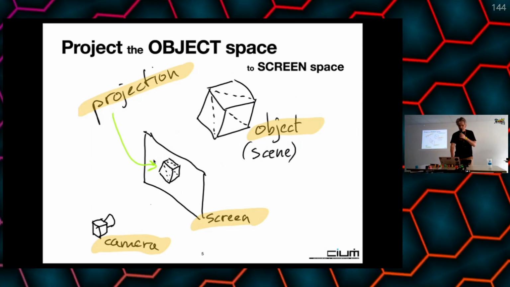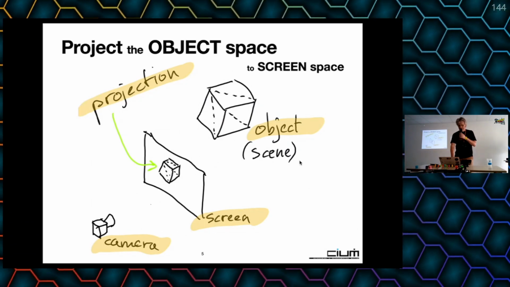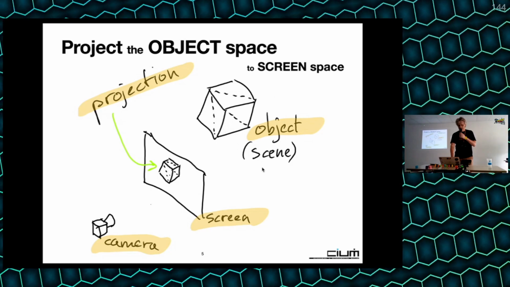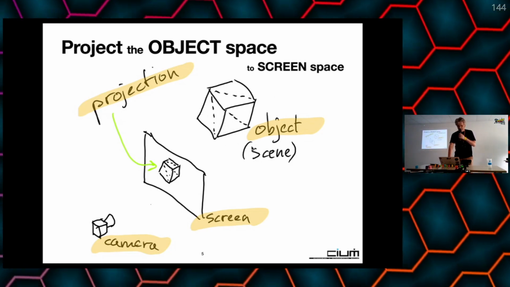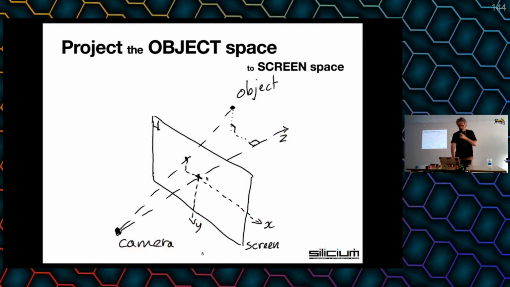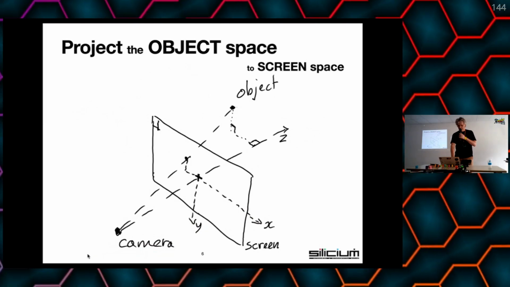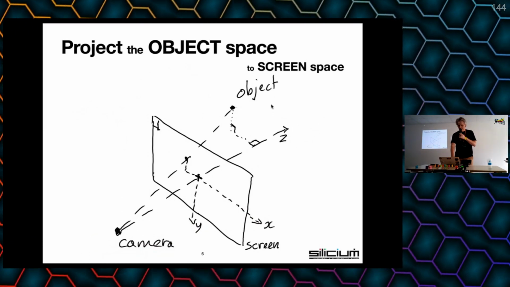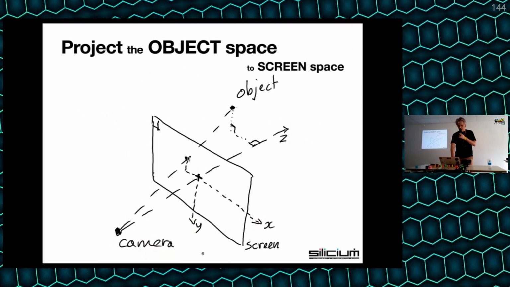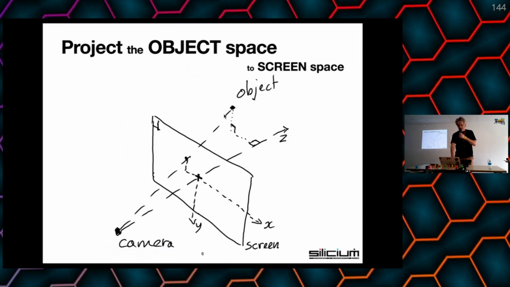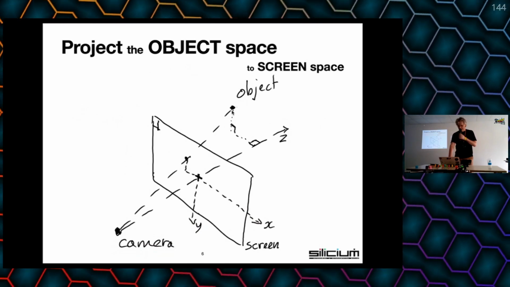So this is your screen space, that's what you want. And this is what you have, your object space or scene with your 3D objects. So essentially you want to compute this along the z-axis from the camera. You want to compute the 2D x and y coordinates from the xyz coordinates or vertices in 3D space.